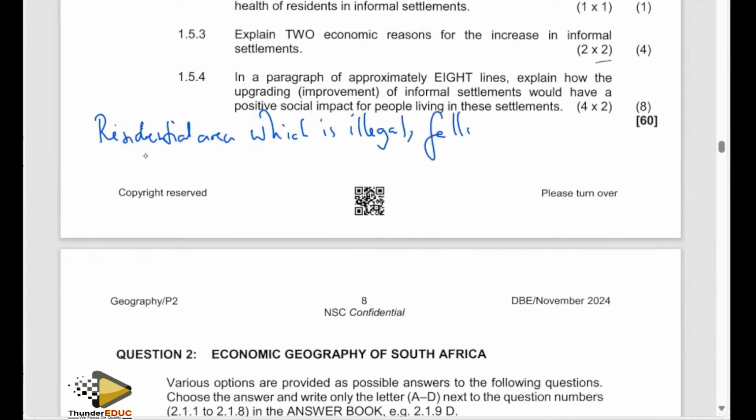I would say maybe it's a residential area which is illegal, meaning to say it falls outside of government regulation.